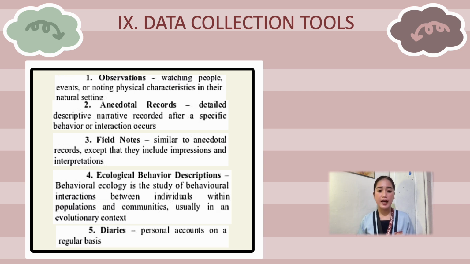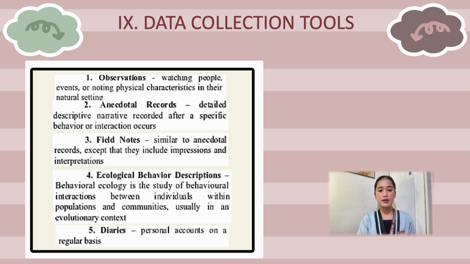So number four is the ecological behavior descriptions. This is the study of behavioral interaction between individuals within populations and communities, usually in an evolutionary context. That is the ecological behavior descriptions.